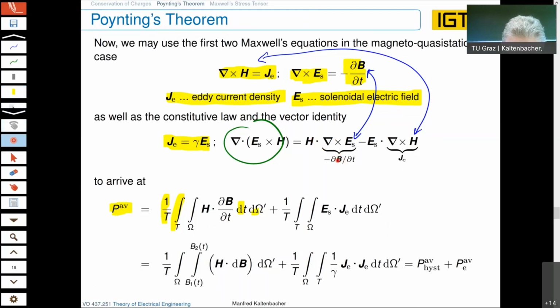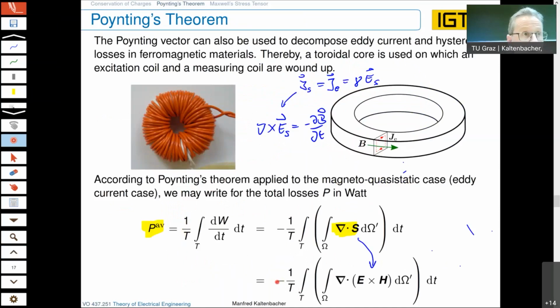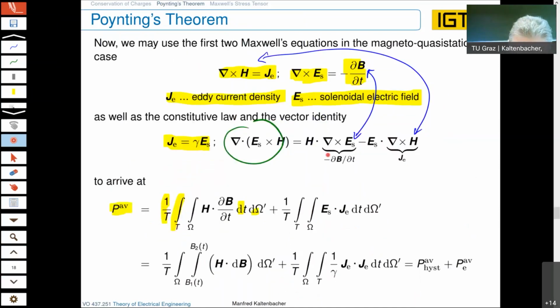We should not forget we had this minus, so this minus cancels out with this minus. That is why we have a plus. And then we have the additional term where we could substitute the curl of H by the eddy current density J_E. So this is our second part, and we also have to integrate over the volume and over the time.